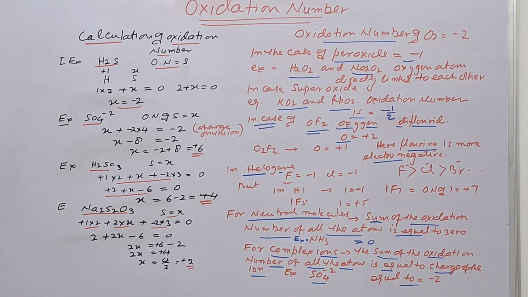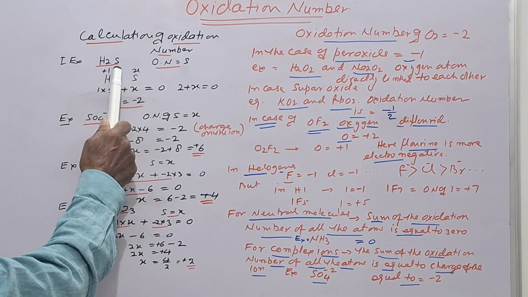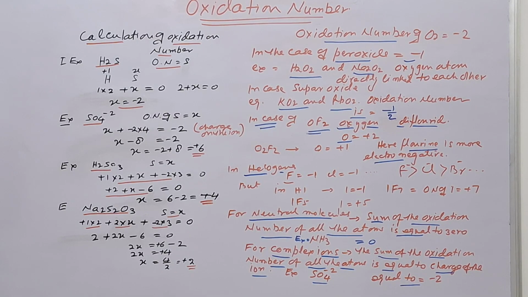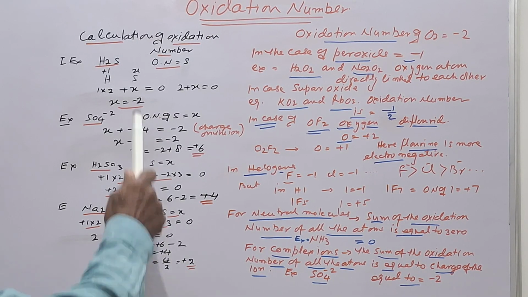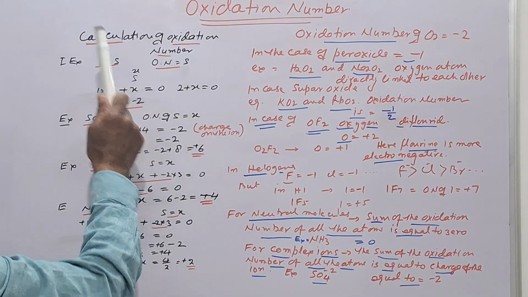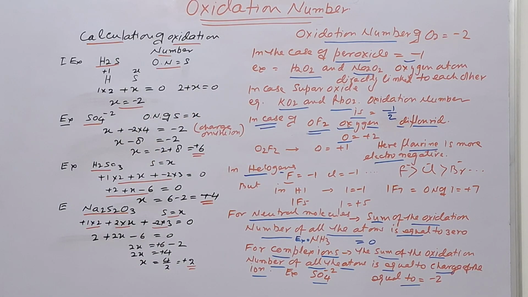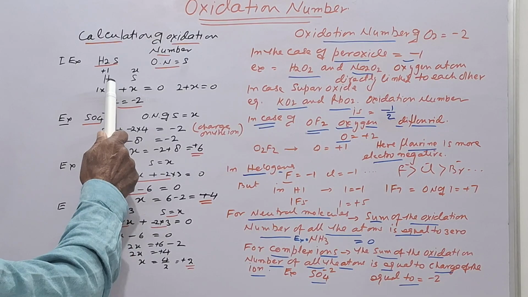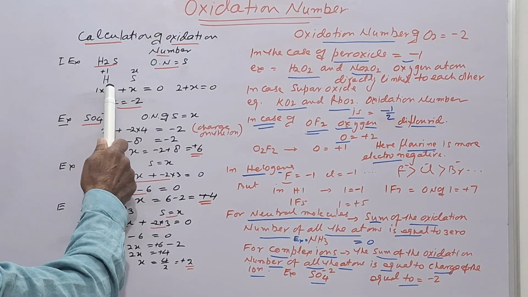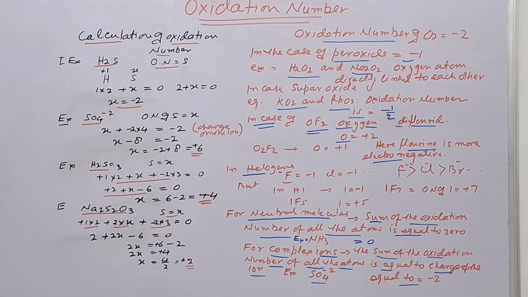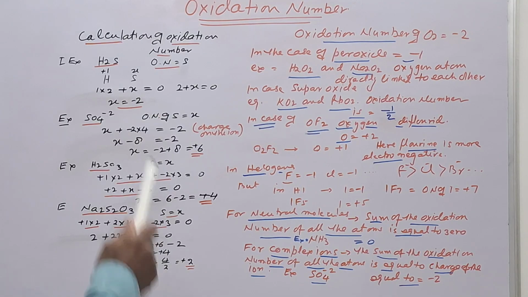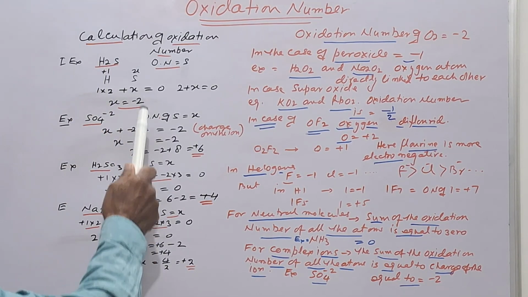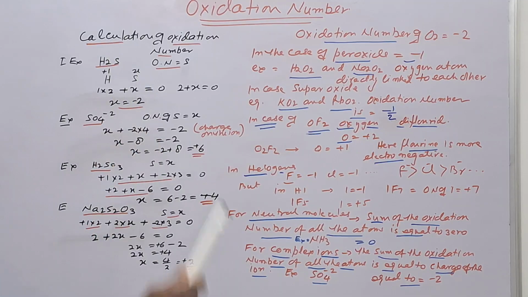First example, if we take hydrogen sulfide, that is H2S. In this compound we have to determine the oxidation number of the sulfur. How to calculate? First write the atoms, hydrogen and sulfur. The oxidation number of hydrogen is +1 and the oxidation number of sulfur is to be determined.